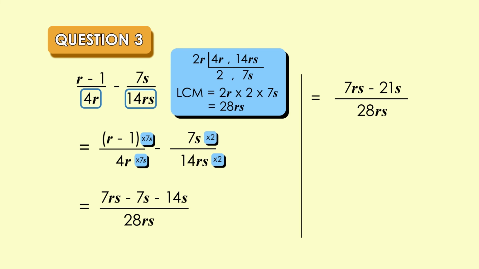Look at the numerator. Can you tell me the common factor? The common factor is 7s. Therefore, we factorize 7s in bracket r minus 3 over 28rs. Simplify the fraction. What is your final answer? Well done! The final answer is r minus 3 over 4r.